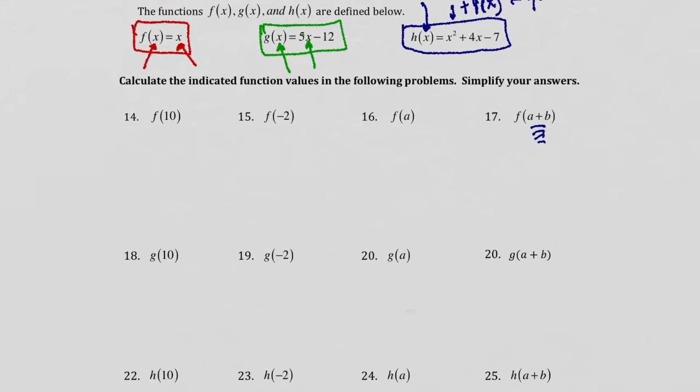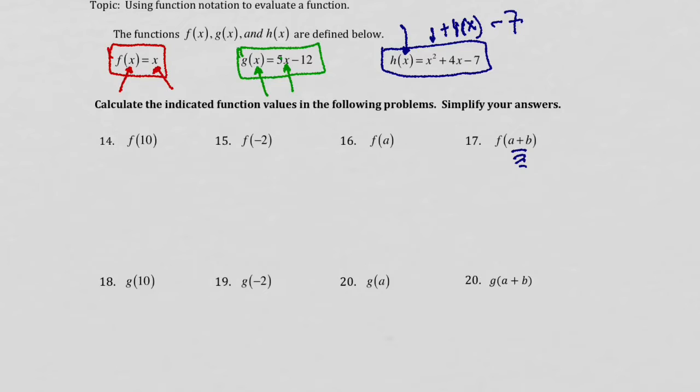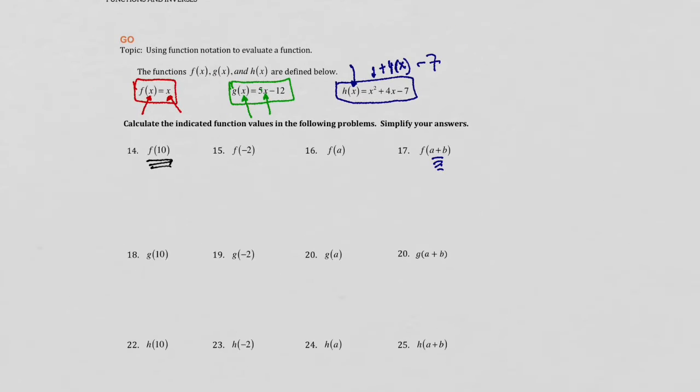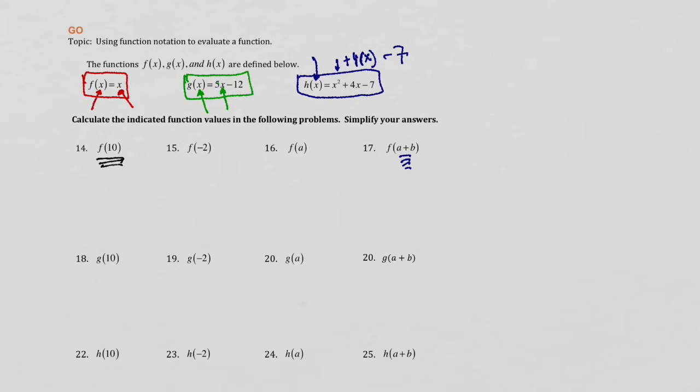So let's do f of 10 so we can see how these are applied. So now, if we want to evaluate f of 10, then we have to use this function, f of x. So let me rewrite it right here. So f of x equals x. And now, I want to evaluate f of 10.